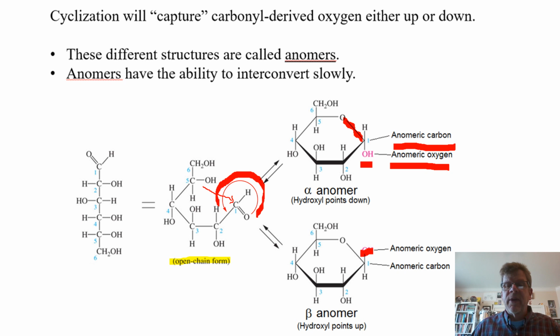So we have the possibility of our anomeric oxygens being up or down. Up or down. Now this is the only center at which we have a choice. We can choose whether our anomeric oxygen is up or down.